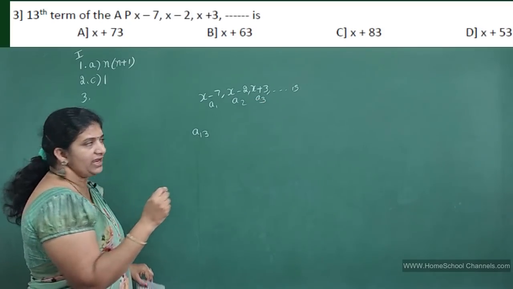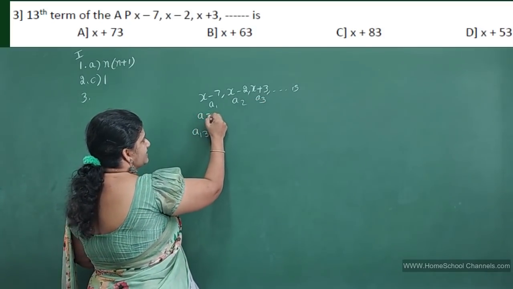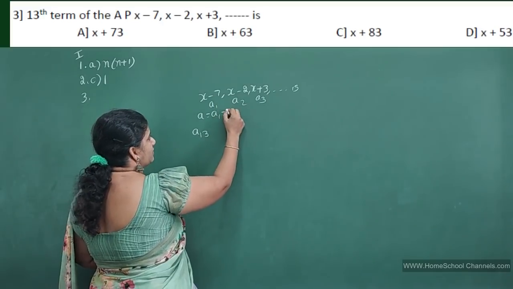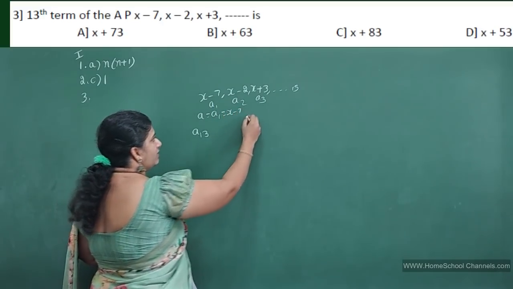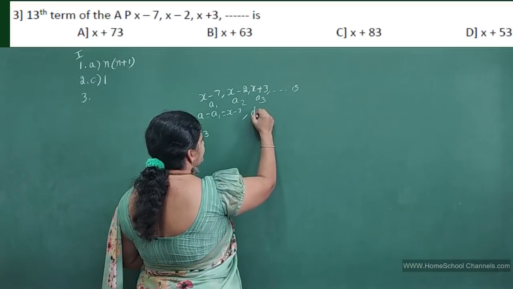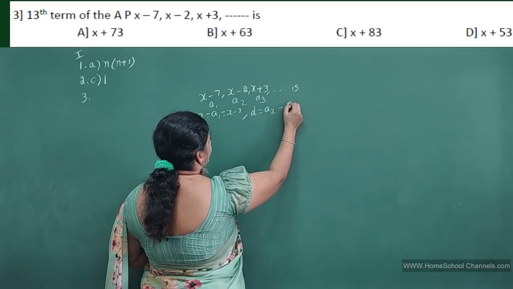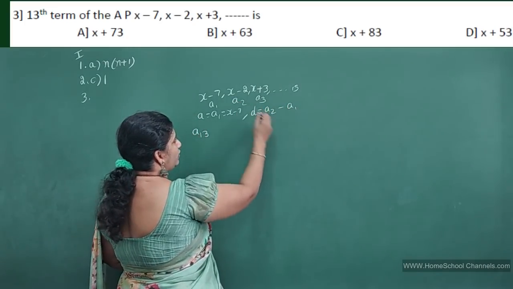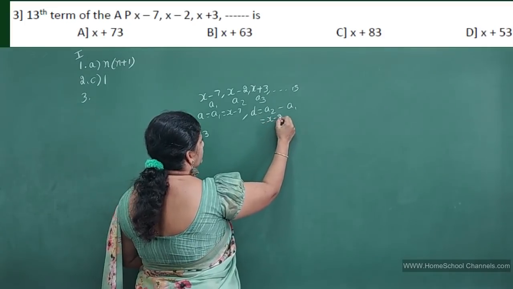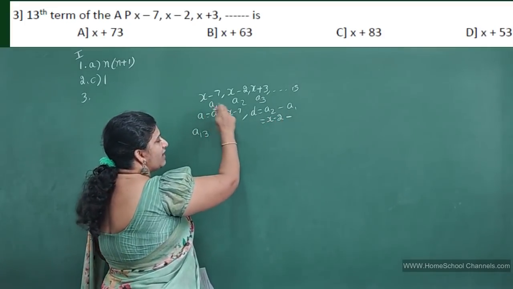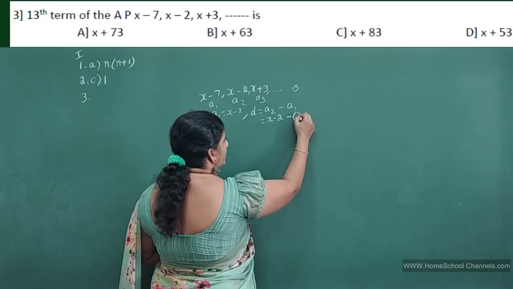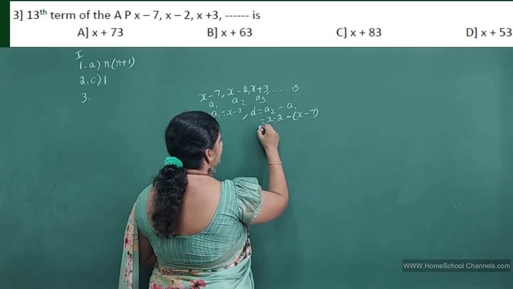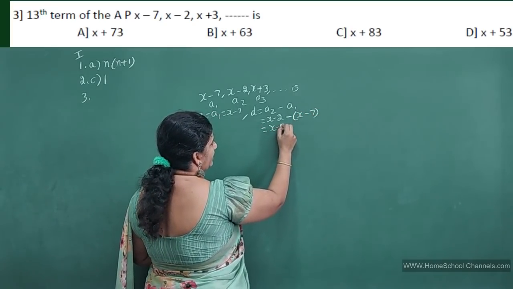Find a and d value first. A is equal to A1 is equal to x minus 7. Coming to common difference d, A2 minus A1. What is A2 value? X minus 2, minus A1 value x minus 7. Better use brackets here, and now remove the brackets.